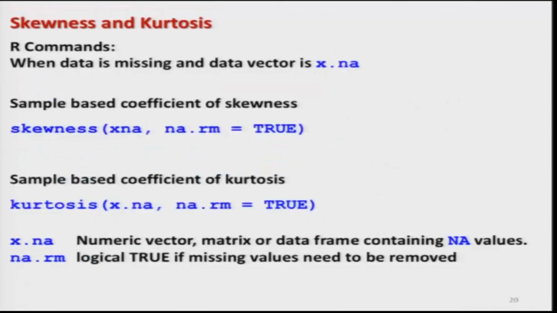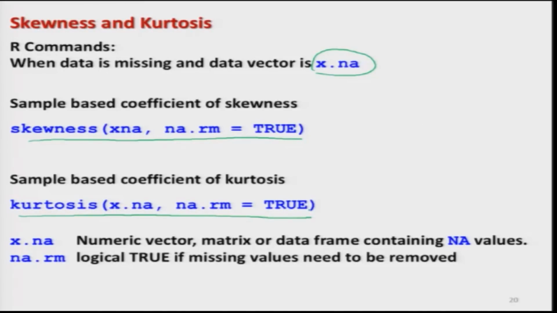Okay, so you can see this is not a difficult thing. If you have missing values and you store the data inside the data vector x.na, then the command will become skewness x.na with na.rm is equal to true for computing the coefficient of skewness, and the coefficient of kurtosis in this case will be given by kurtosis x.na with na.rm is equal to true.